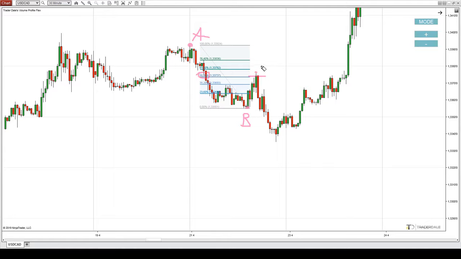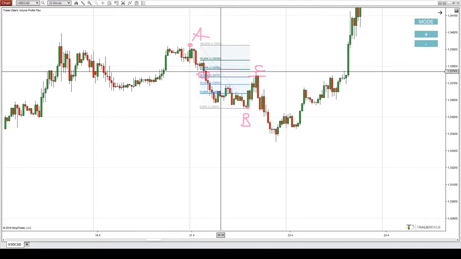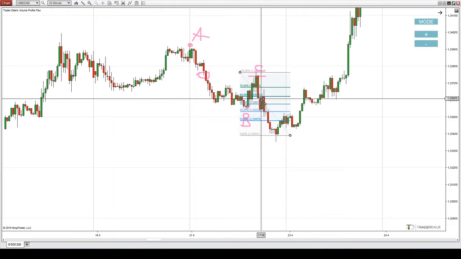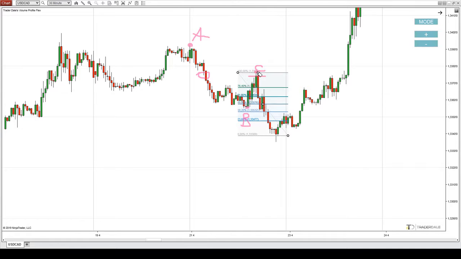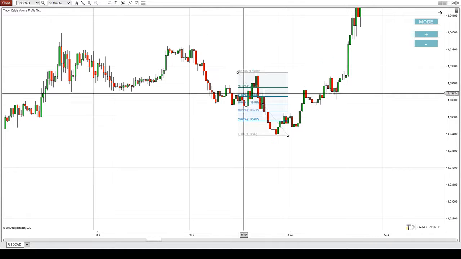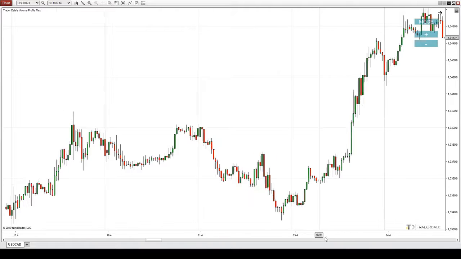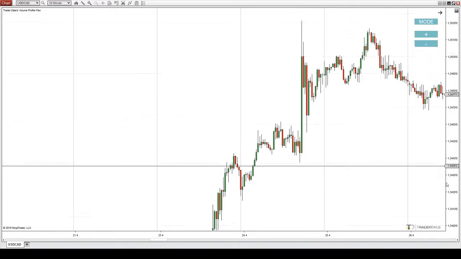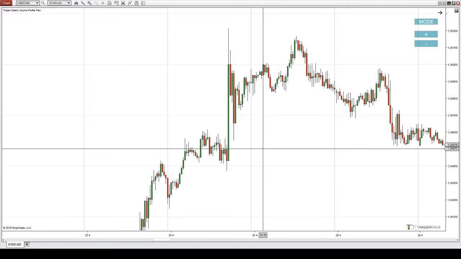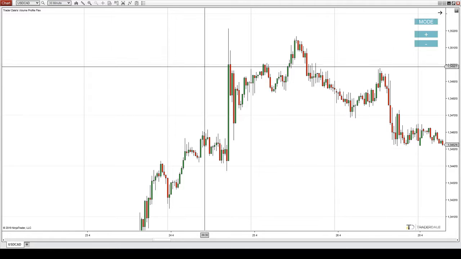So this point is the C. So again, you move the Fibonacci like this, so it begins at C, and this will be the D. So you have A, B, B, C, and C, D. And from this place, you go long. Now, what I see here is the volume accumulation setup.